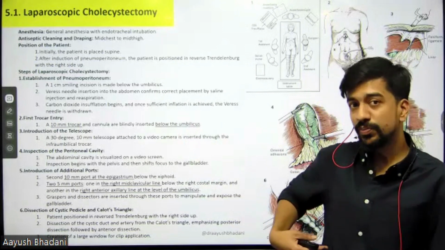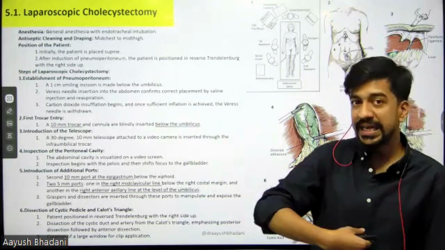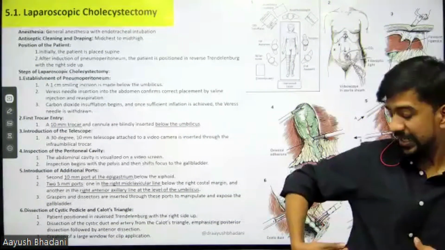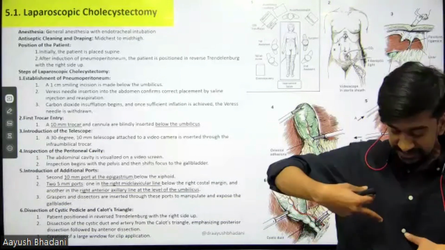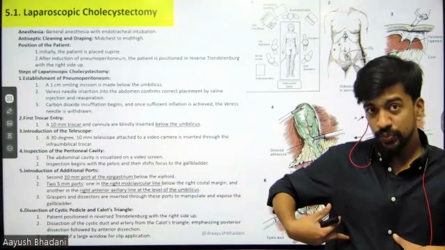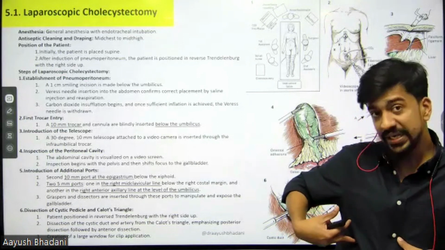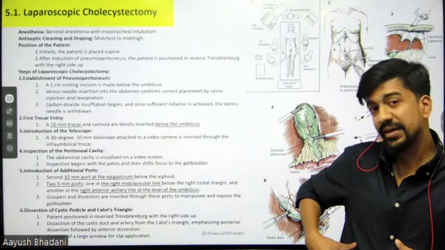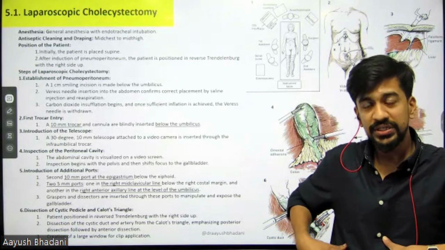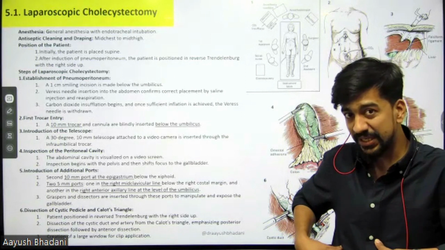Then additional ports are put: one 10 mm at the epigastrium, one 5 mm at the right mid-clavicular, and one 5 mm at the right anterior axillary. So these will be the port positions: umbilicus, epigastric, right mid-clavicular and right anterior axillary at the level of the umbilicus. The umbilical port is the one through which the camera enters.